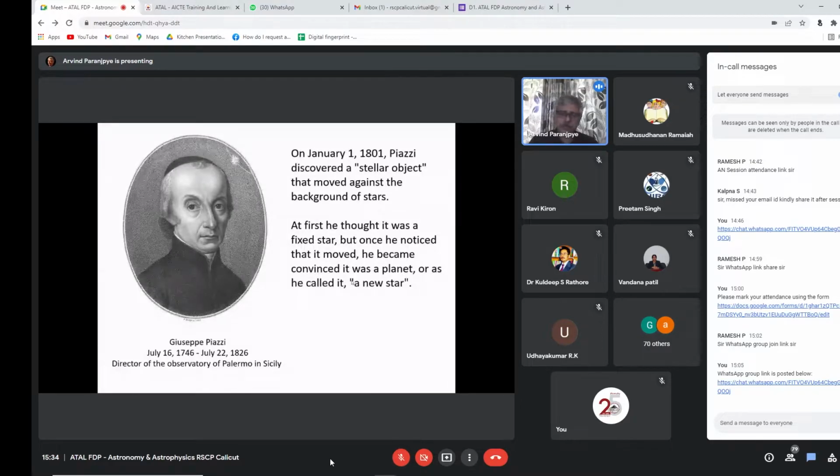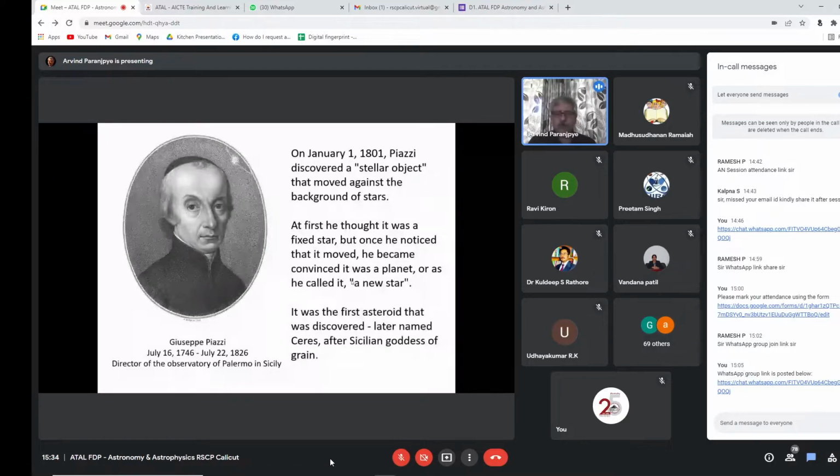He started observing it, and it had moved exactly how much it should move. Finally it was realized that it was not a star but another planet. He called it a planet because its orbit was exactly like planets, and it fitted exactly at 2.8 astronomical units.